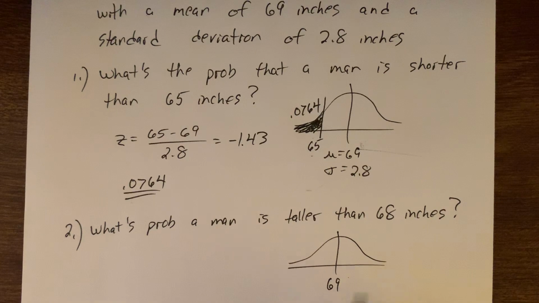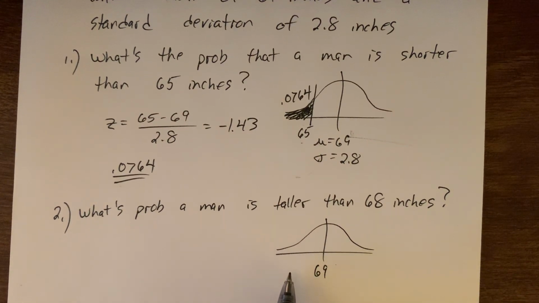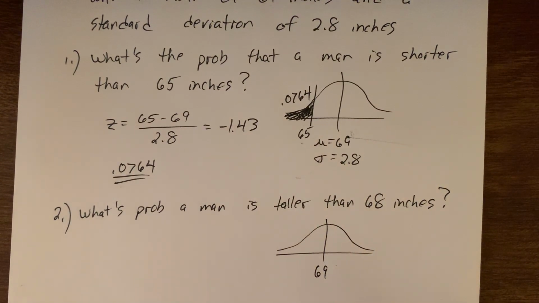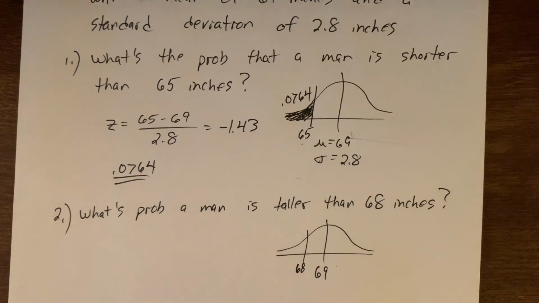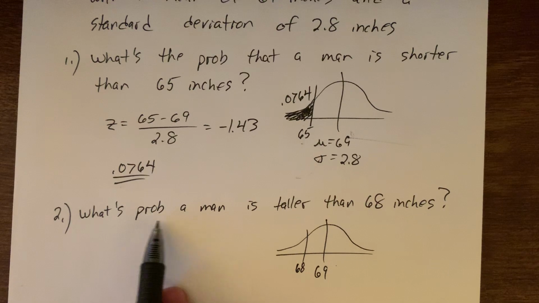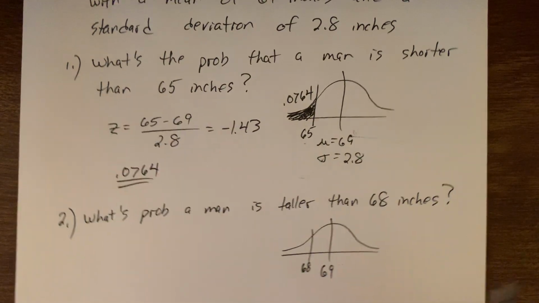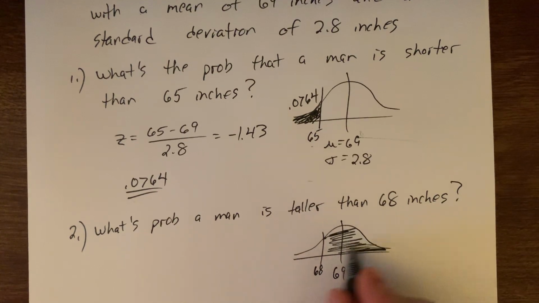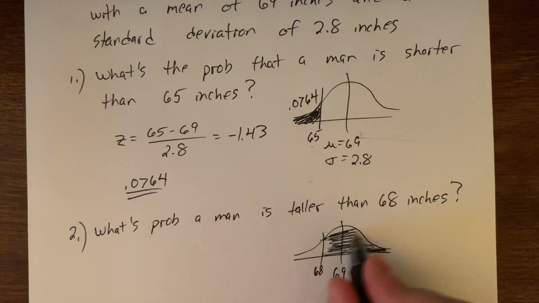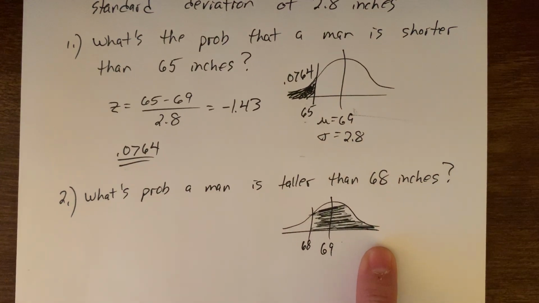Again, give yourself room, everybody. Don't make this so small that your words are right on top of each other. You're not trying to be too representative of distance here. You're just trying to keep track of left, right, keep things in order. That's all. So 68 is smaller than 69, but I want the probability a man is taller than 68 inches. So I want all of this as my shaded region.